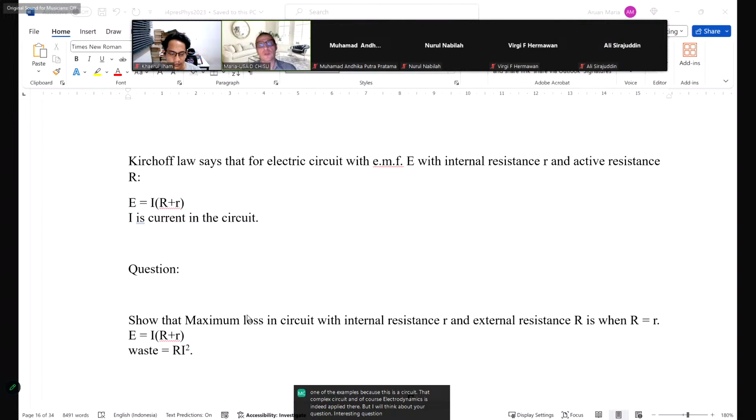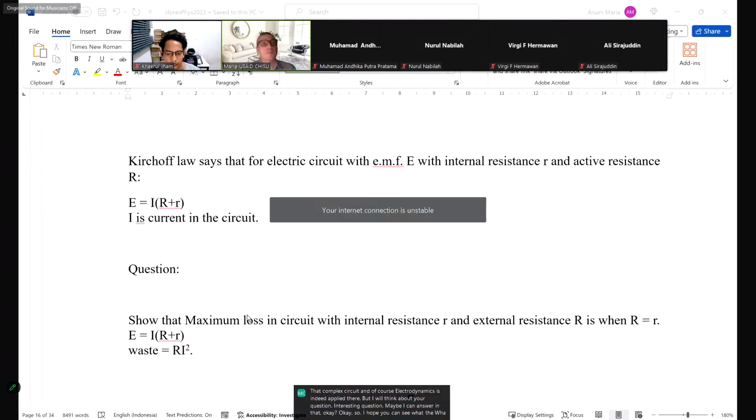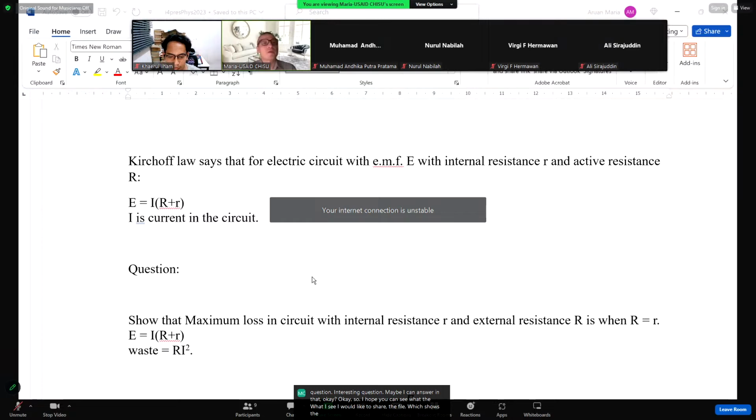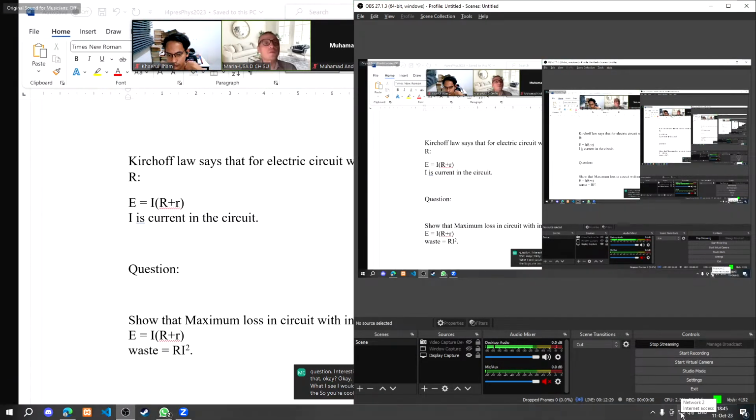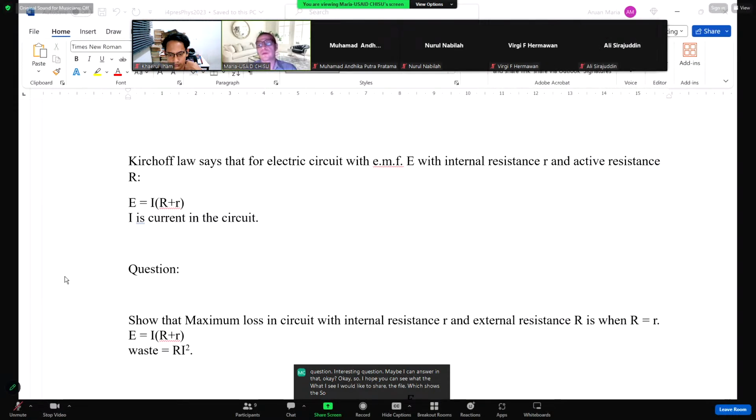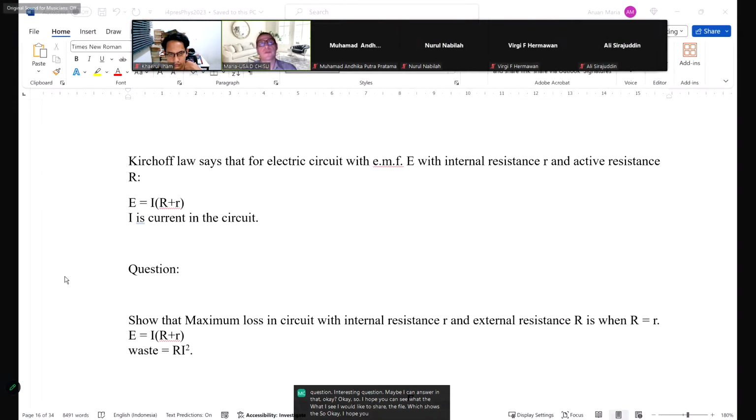Okay, so I hope you can see what I see. I would like to share the file. Kirchhoff's law. Okay, I hope you can see that.